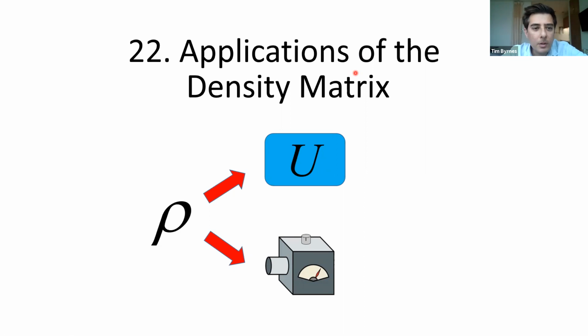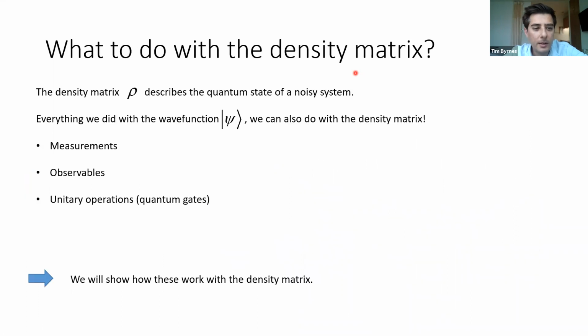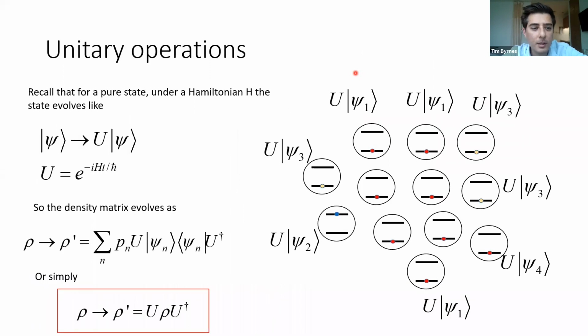So we were talking about the applications of the density matrix, and let's just recap it a little bit. We did the density matrix last lecture, and basically what we're talking about here is how to do measurements, observables, operations with this.